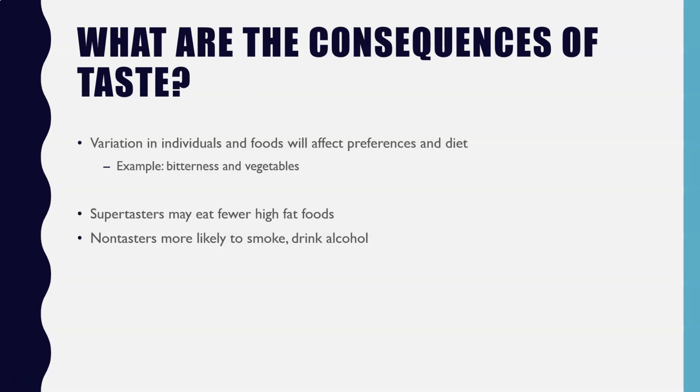In fact, we do tend to find that people who really can taste that bitterness may not eat as many vegetables because, well, those are more opportunities to encounter that bitter taste. Now, because super tasters are sensitive to that bitterness, they may not eat as many vegetables, but they're also potentially going to eat fewer high-fat foods because fat changes the texture of foods, and because they can taste the richness of the food, and they may eat fewer of them.